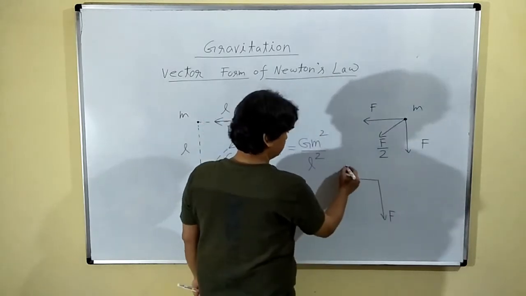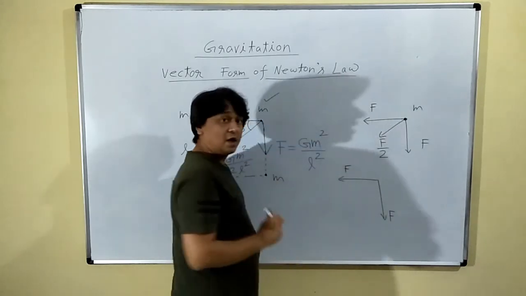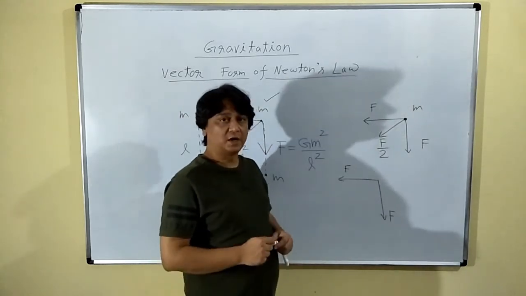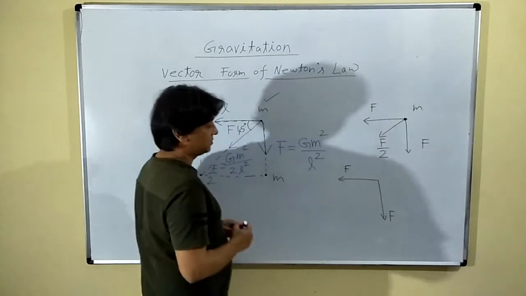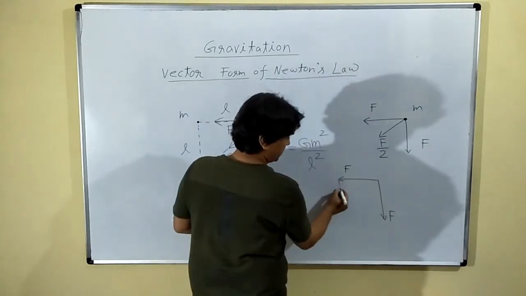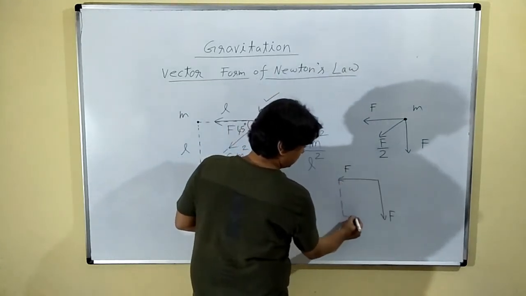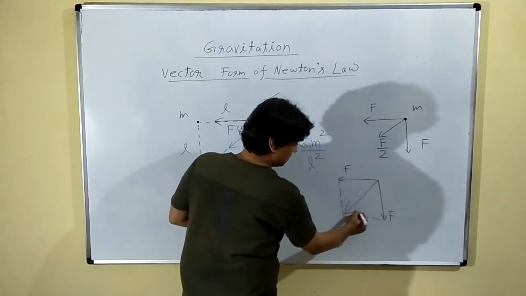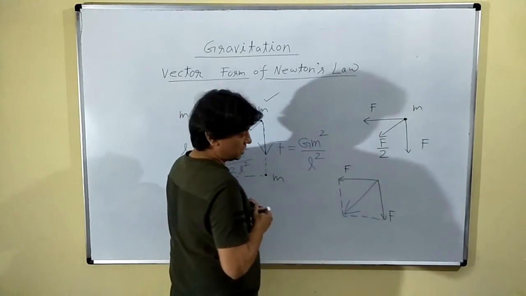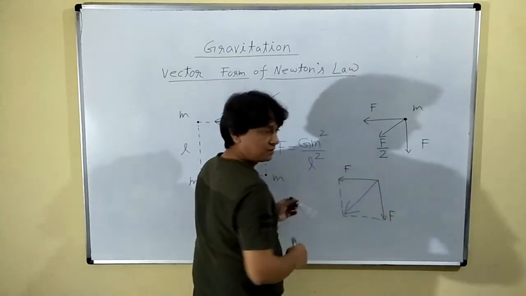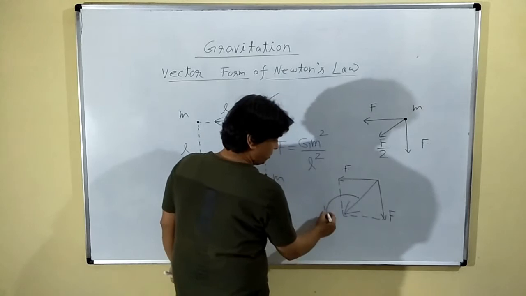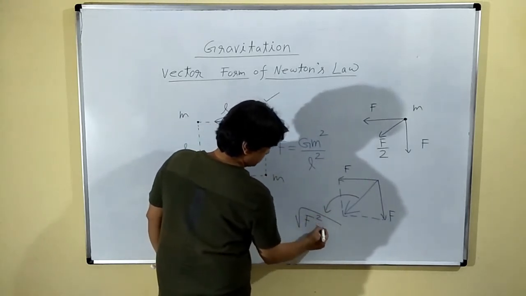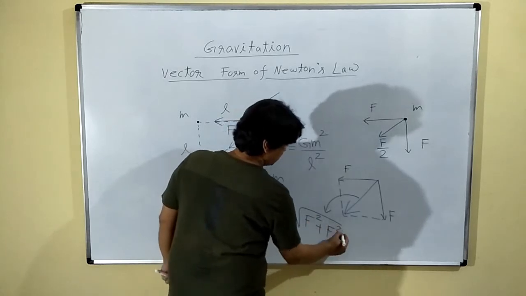This is F, this is F. If I had asked you the resultant of these two F, what would you do? You would complete this rectangle, join this diagonal, and say this is F, this is F. What is the magnitude of this? Root over F square plus F square.